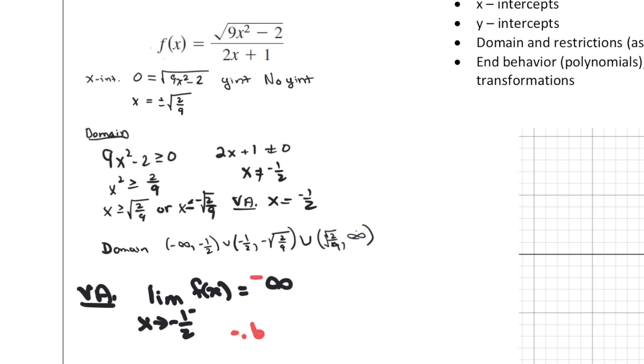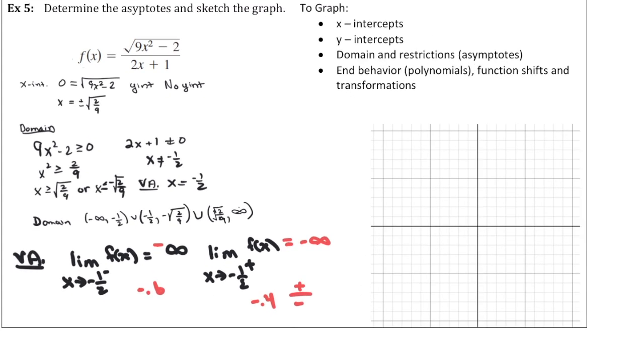So I'm heading towards negative infinity. Next, we'll think about the limit as x approaches negative 1/2 from the right-hand side. From the right-hand side, I might be thinking about negative 0.4. The numerator is positive and your denominator is going to be negative. So my graph is heading towards negative infinity as I approach that asymptote.